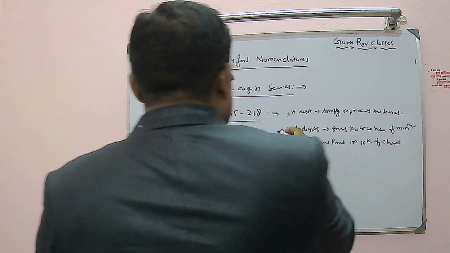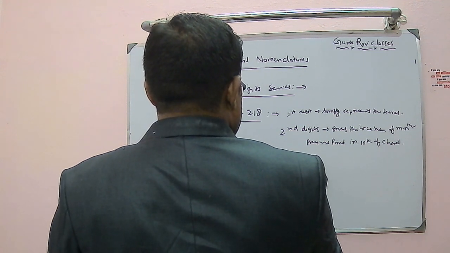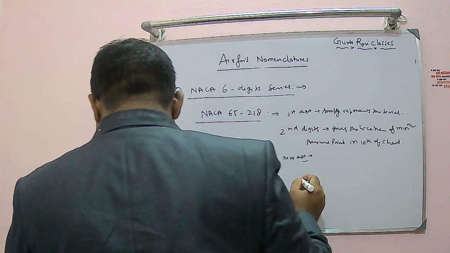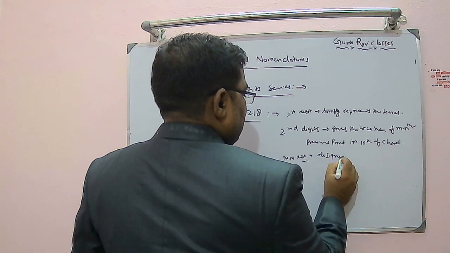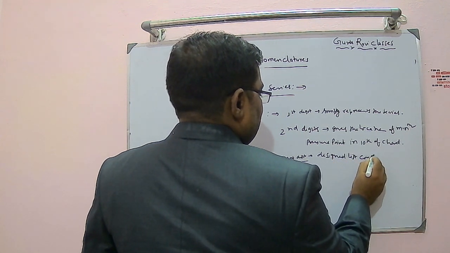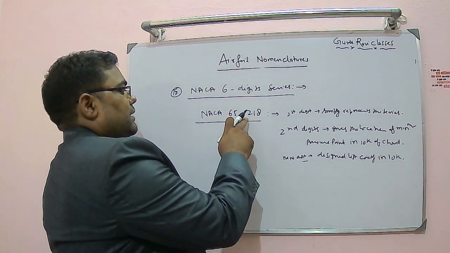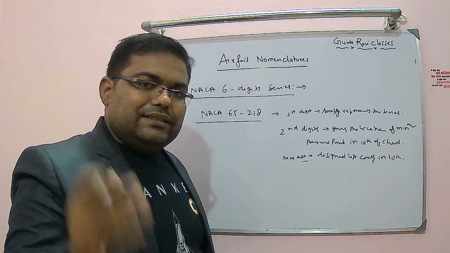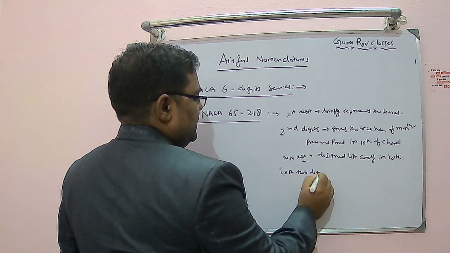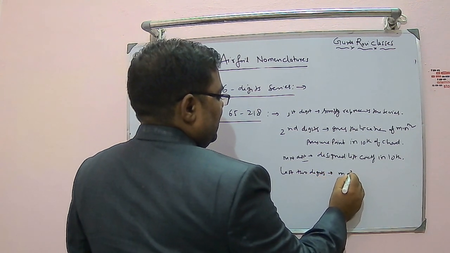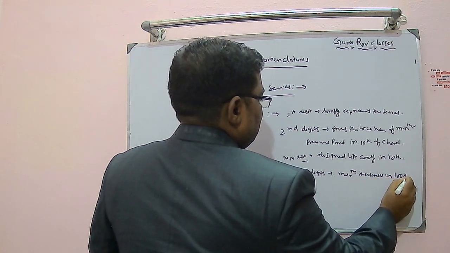The next digit represents the design lift coefficient in tenths, so here 2 divided by 10 is the design lift coefficient, and the last two digits give the maximum thickness in hundredths.